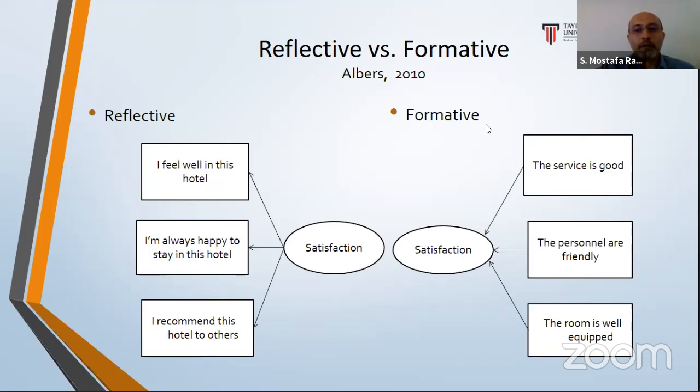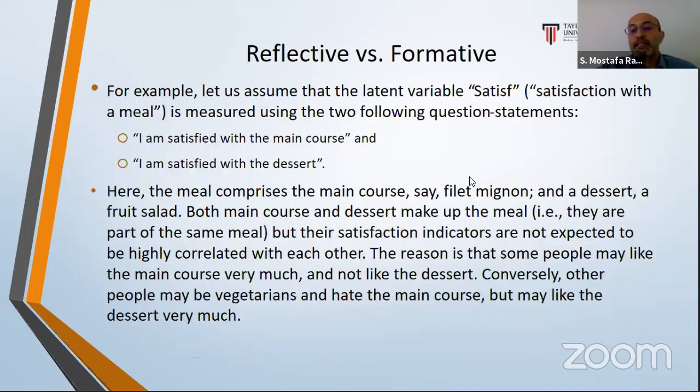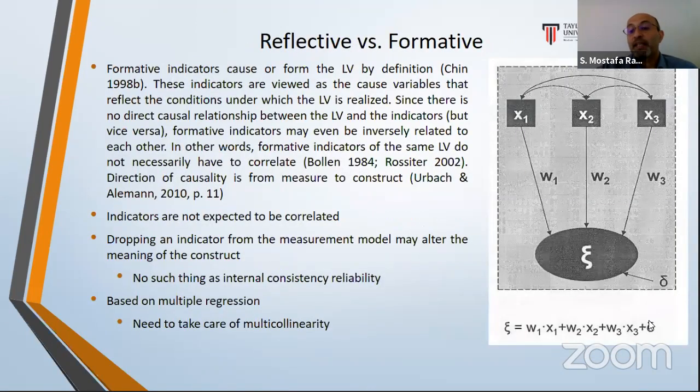But for formative, it's possible to miss some items like the environment of the hotel, like accessibility, some other variables. And this missing variable actually represents and increases the error part.